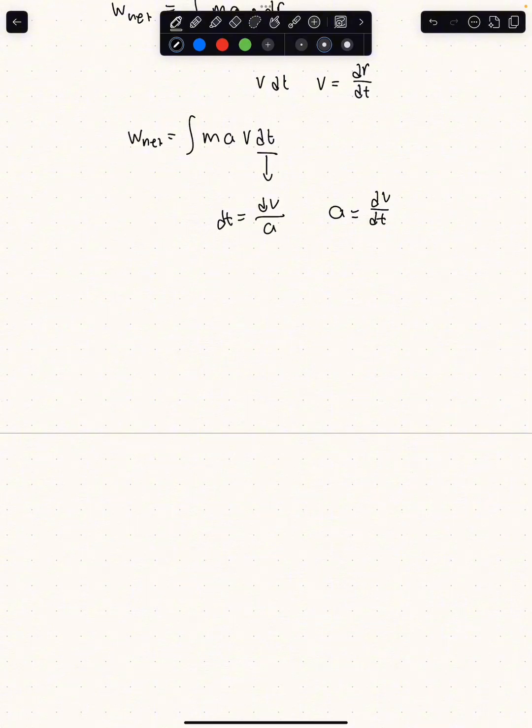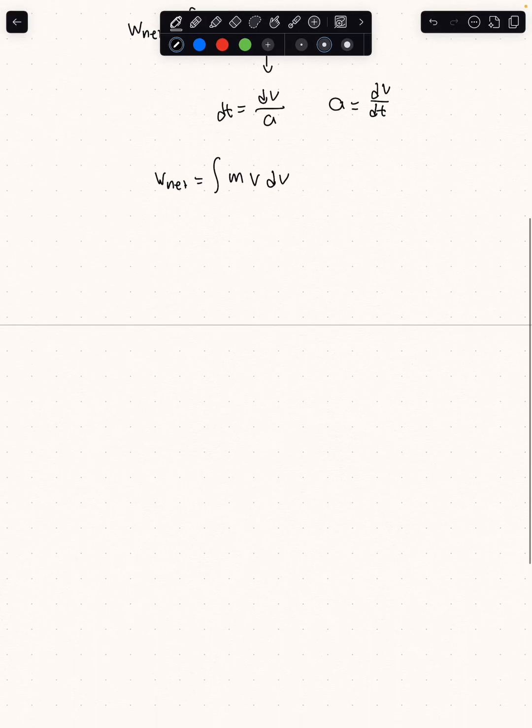And then what this is going to do is cancel out the accelerations, giving us that the net work is mass times velocity times the change in velocity. And then this is going to be evaluated from some initial velocity to some final velocity.